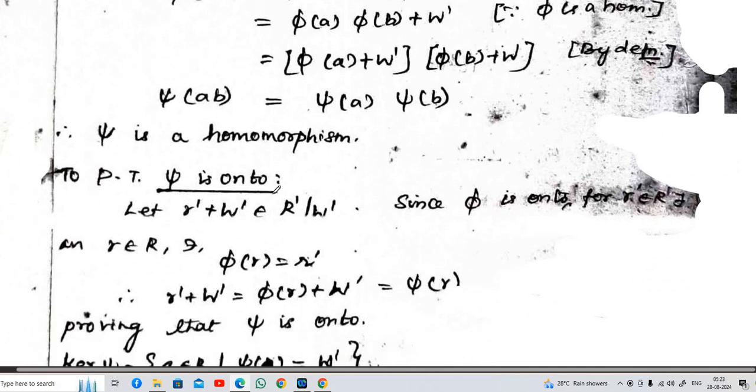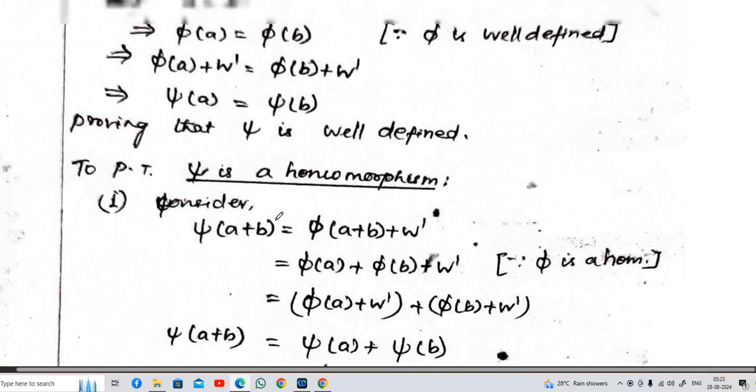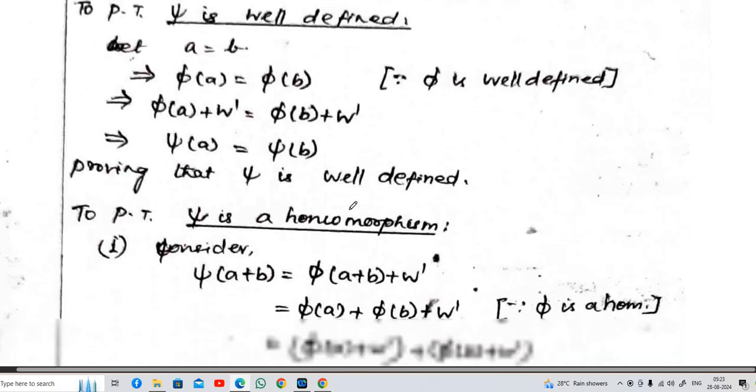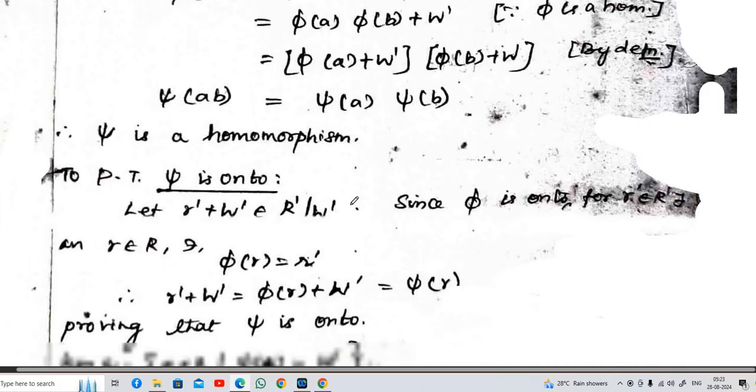Then to prove that psi is onto, we'll have to consider an arbitrary element. Psi is a mapping from this to this. So we'll have to consider an arbitrary element here as R prime plus W prime only. So for this R prime, because phi is onto, you will have one preimage R. So since phi is onto, for R prime in R prime, you have R in R such that phi of R is equal to R prime.